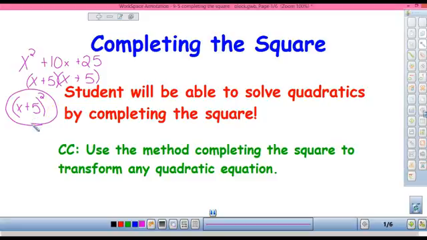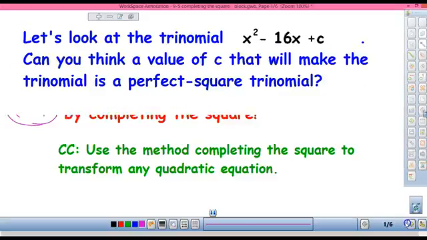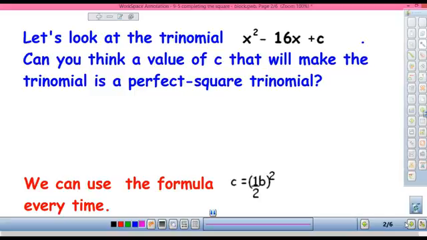The whole goal today is to be able to rearrange our equations so that we can find this perfect square. All right, so we've got x squared minus 16x plus c.